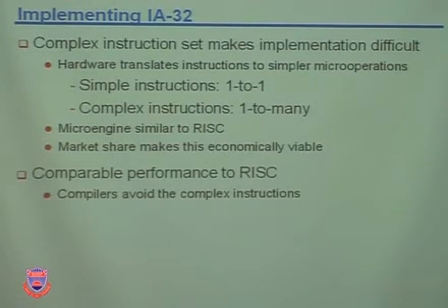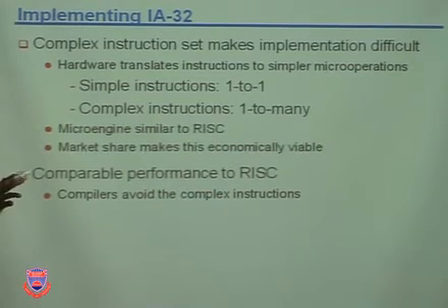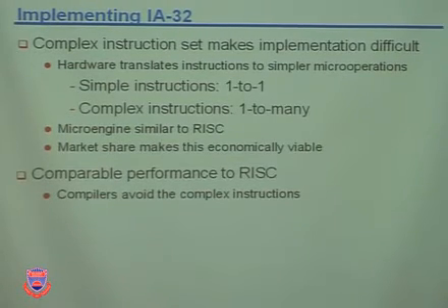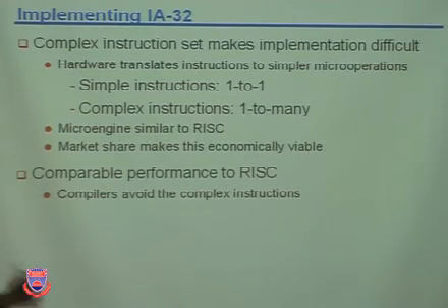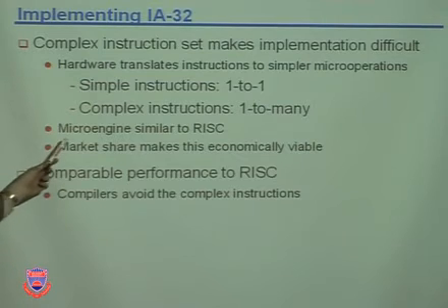very messy architecture? The hardware translates the instructions, which are complex, into simpler instructions, which Intel calls micro operations. The simple instructions at the assembly level will translate one-to-one into micro operations, but the complex instructions will translate one-to-many.